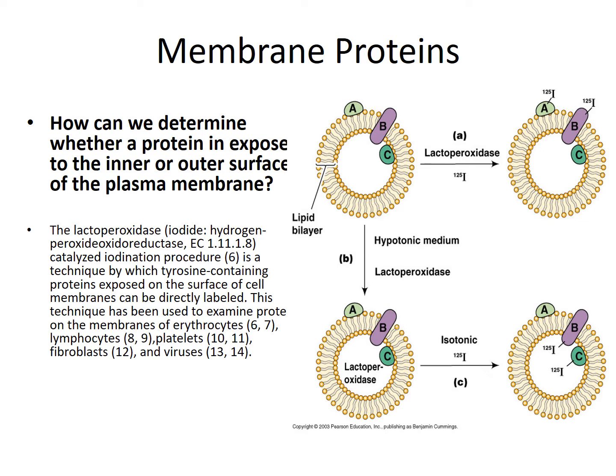Notice we have a cell, and we have proteins A, B, and C. A is peripheral on the outside, C is peripheral on the inside, and B is transmembrane. They do the lactoperoxidase with the I-125, and A becomes labeled, and this part of B becomes labeled. C is not labeled.